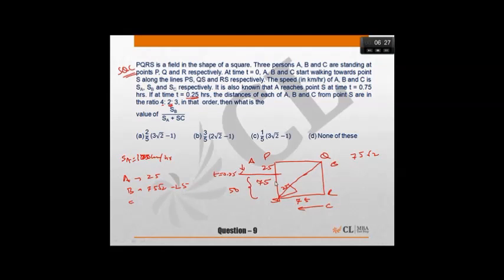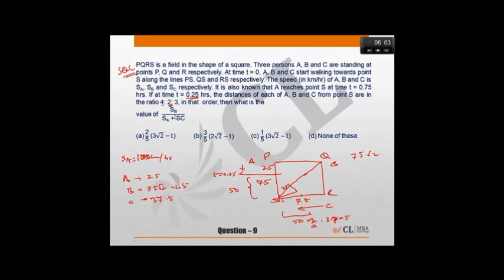A is 50 away, so C is going to be 50 into 3 by 4, which is 37.5 away. So C has covered 37.5.